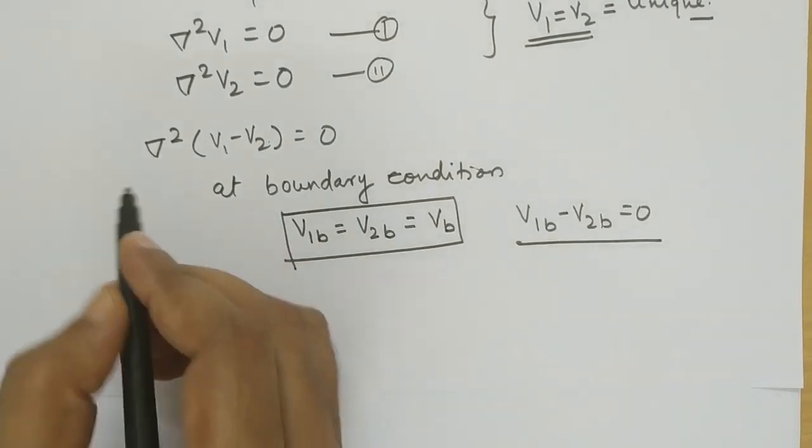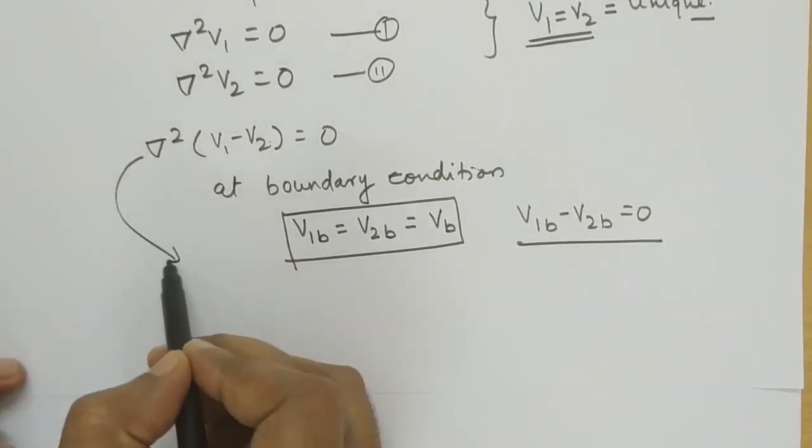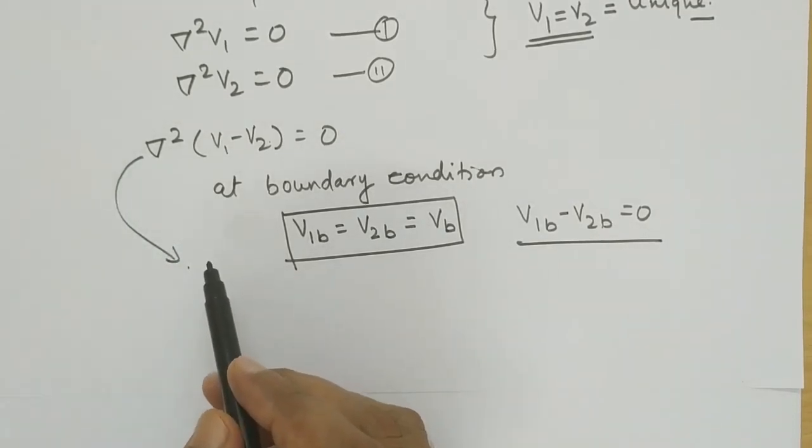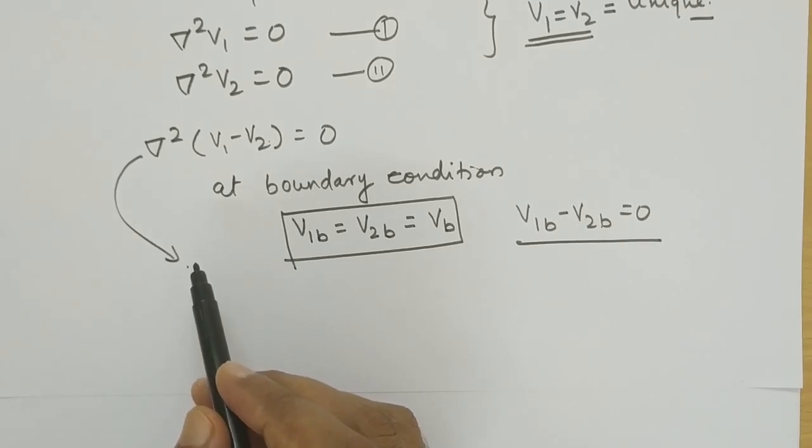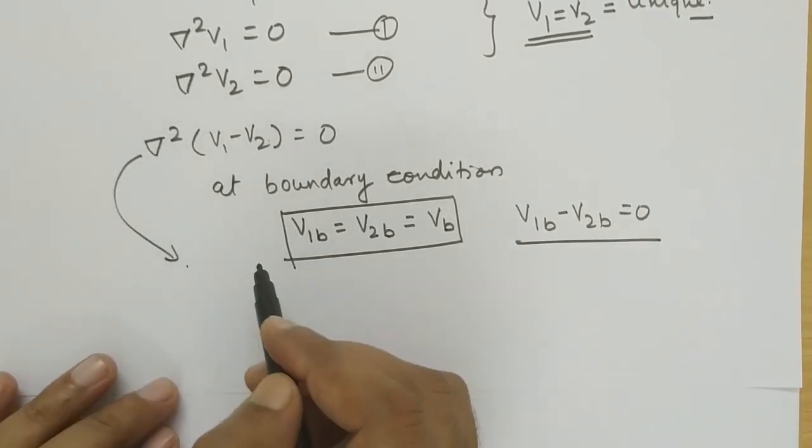As of now, let us take this equation again and write one vector identity to find the relation.